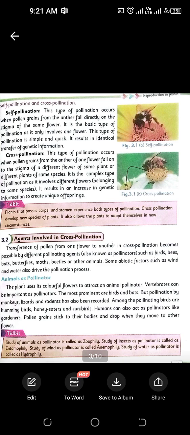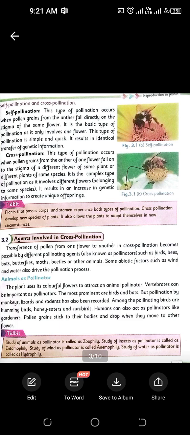It is a complex type of pollination, and it's a little bit tricky because of the involvement of many factors, and as a result we get a variety of unique offsprings. In self pollination there is no variety in the offsprings, but in cross pollination we get different varieties.